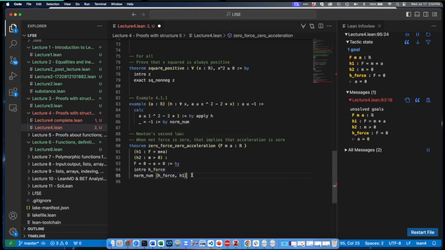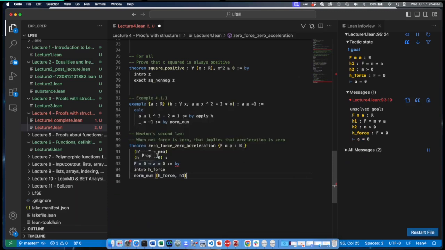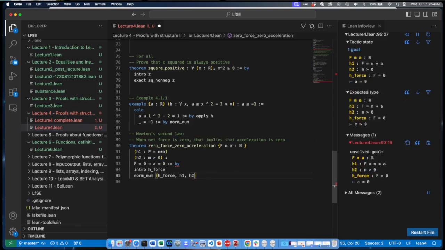If m is exactly equal to 0, then I could have force be equal to 0 and A be equal to 5, so this proposition would not hold. And so we need to have m. We need to have H2. We don't use construct because we don't have an and yet. Okay, I can't do it. So norm_num is not able to do it locally here.